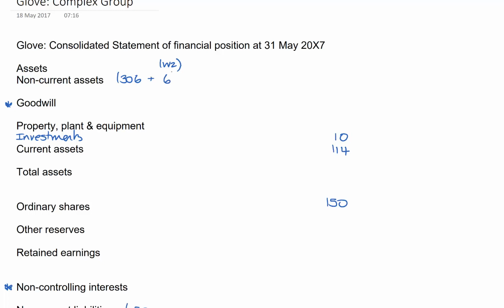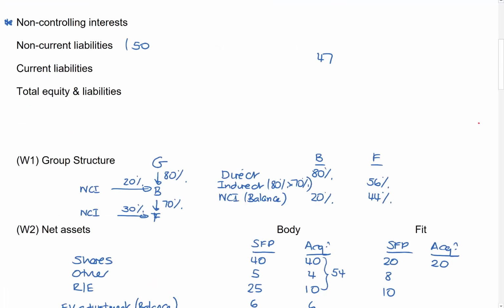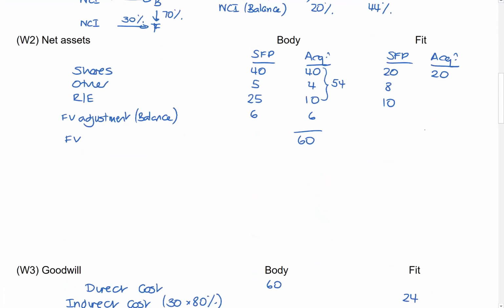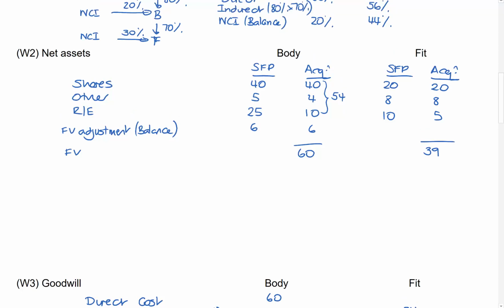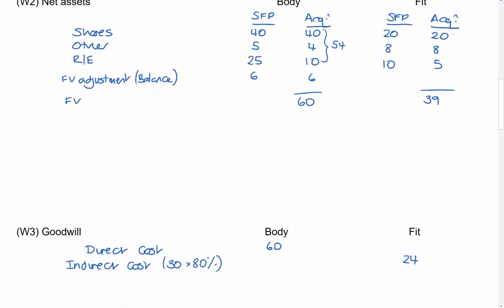It also says in Note A, the fair value of the net assets of Fit at that date of acquisition was 39 million. So we go to Fit, it has net assets of 39 million. And we're told that the other reserves of Fit were 8 million at acquisition and retained earnings were 5. If I add those three figures together, I get a figure of 34 million.